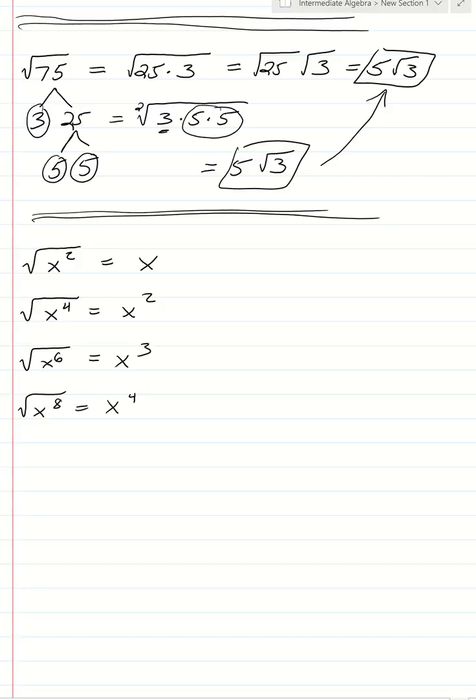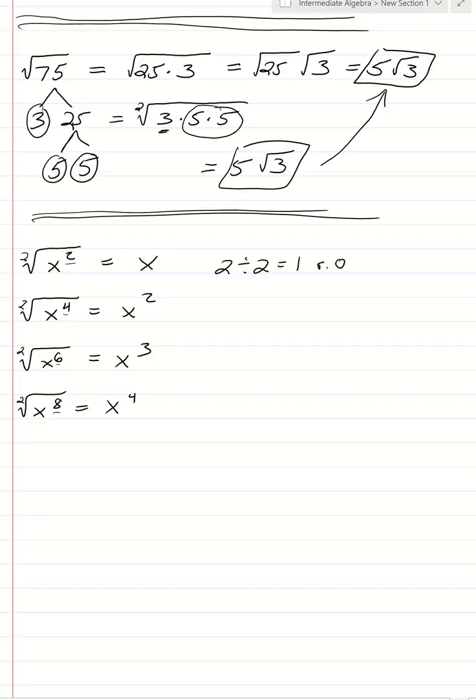Now, how are we getting these solutions? Well, remember, since we are dealing with the square root as our understood root index, basically all you have to do is take the exponent that you see here and divide by the root index, because 2 divided by 2 is 1.